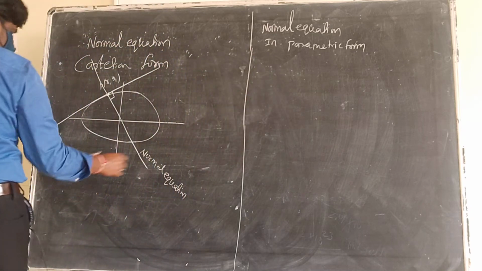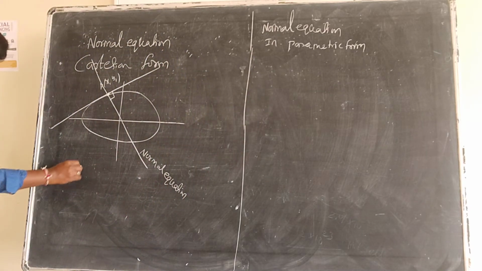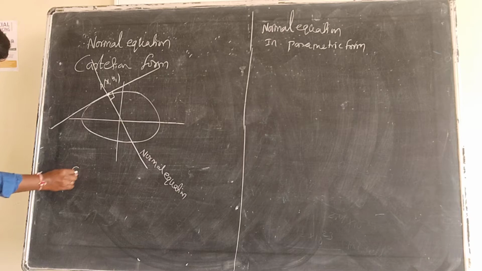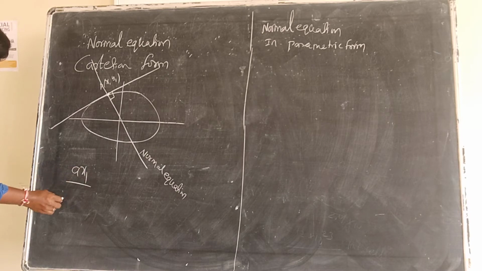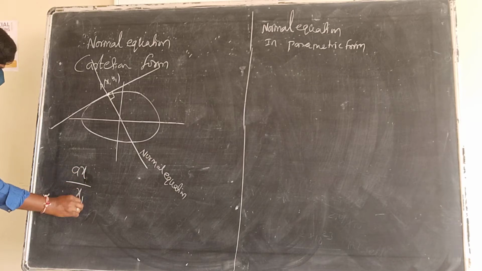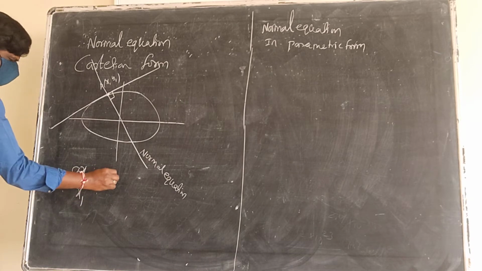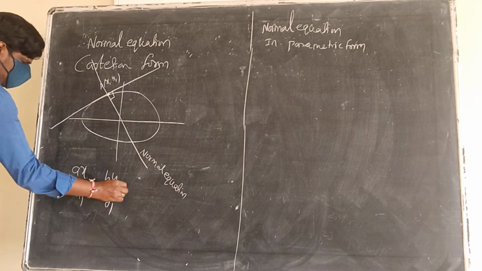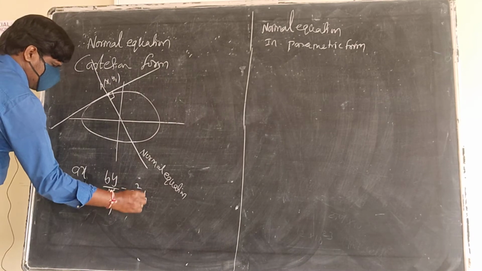Equation of the normal is a x by x1 minus b y by y1 is equal to a square minus b square.